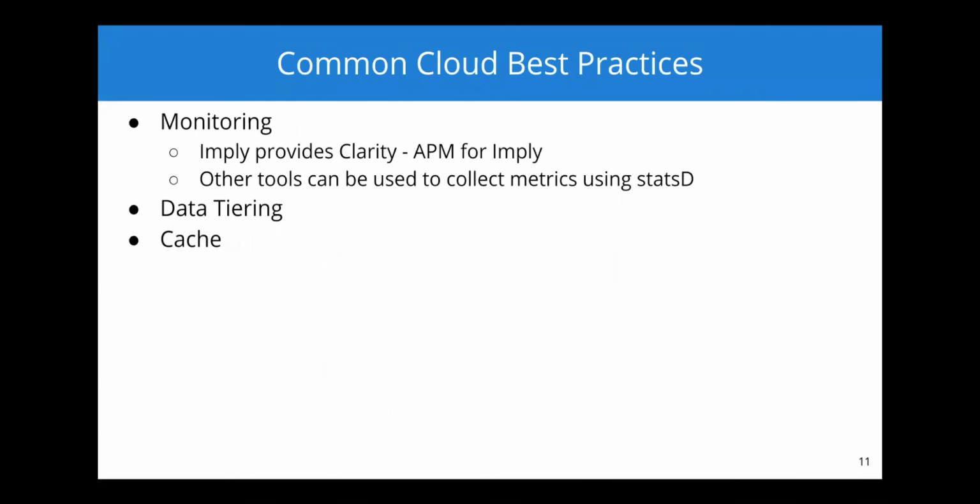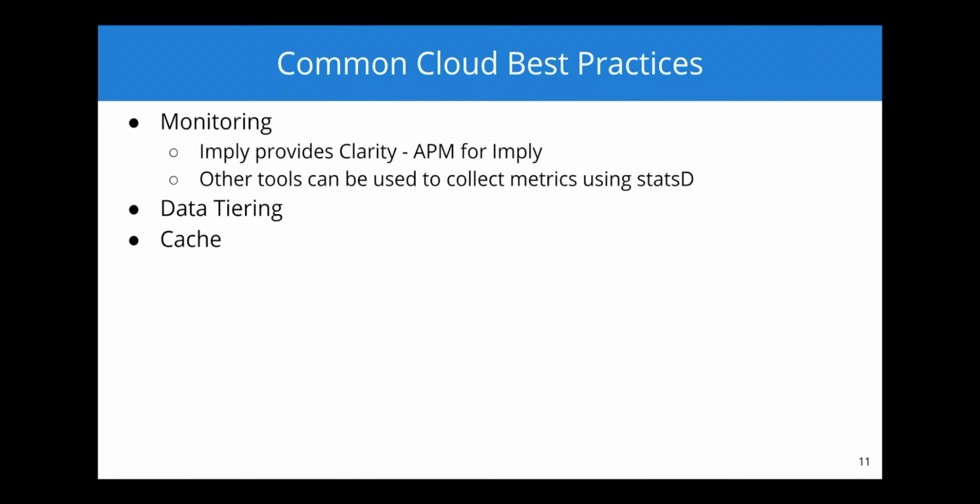From a monitoring perspective, Imply provides a product called Clarity. It's an APM product for Imply and Druid. So it's very tightly integrated with Druid. The Druid cluster emits a lot of metrics. Clarity captures all of them and provides an easy and efficient way of digging deeper into what is happening inside your Druid cluster, what's happening to your query performance, what's happening to your ingestion.